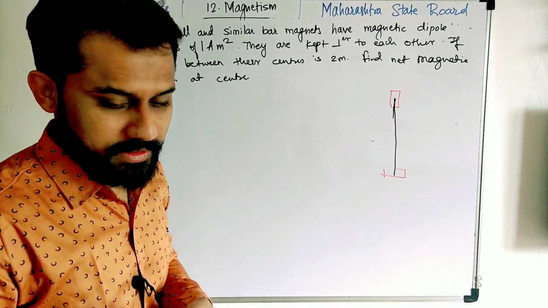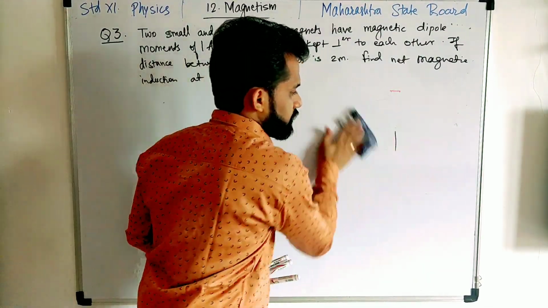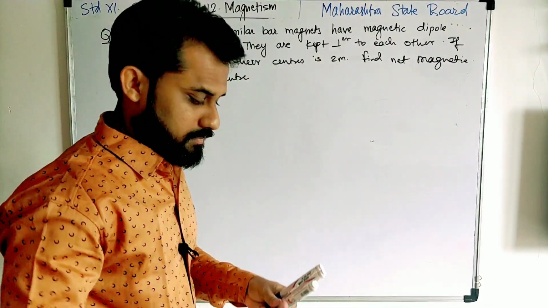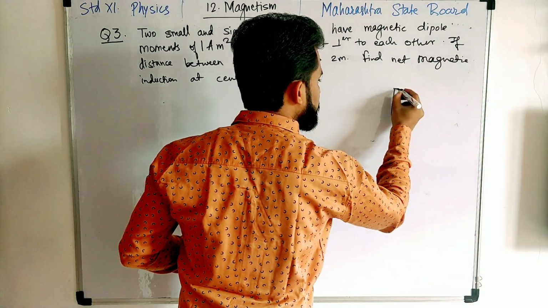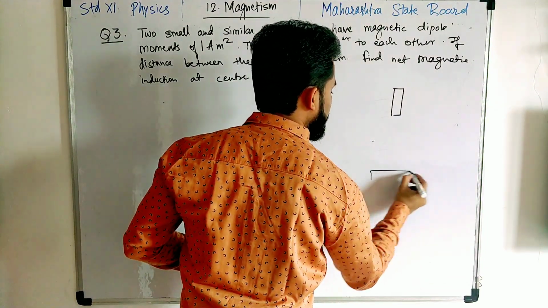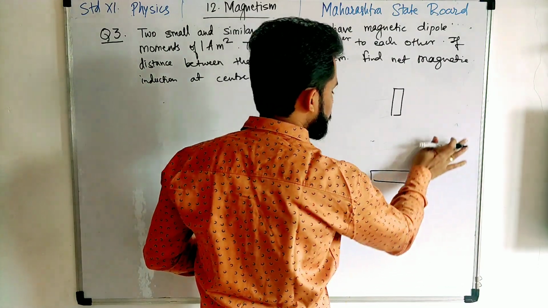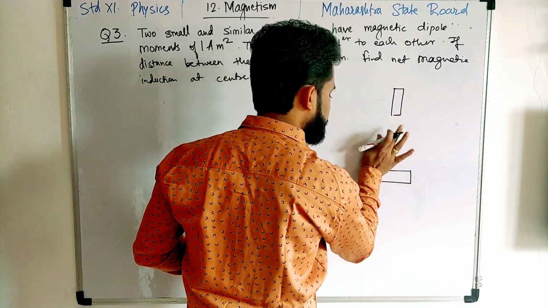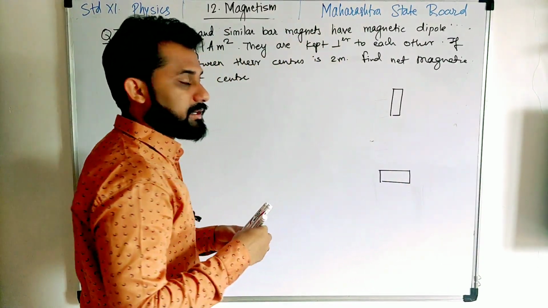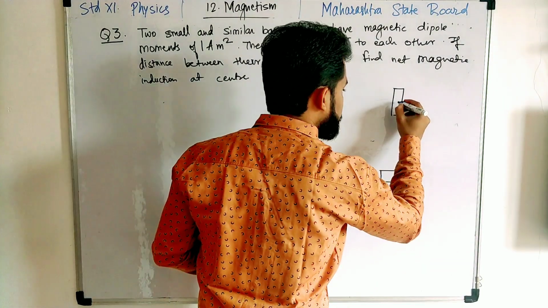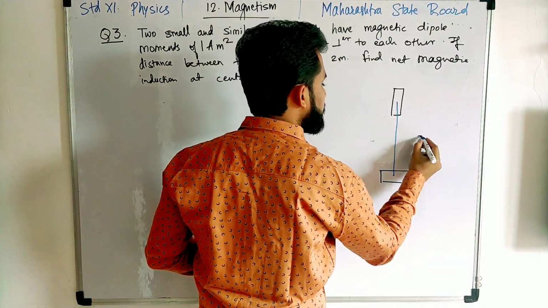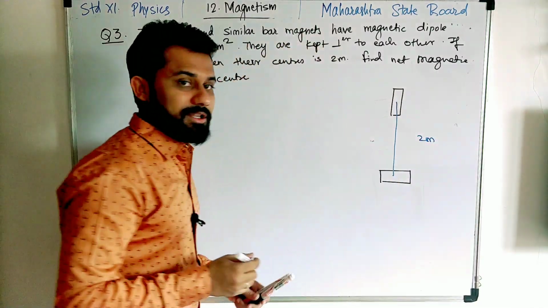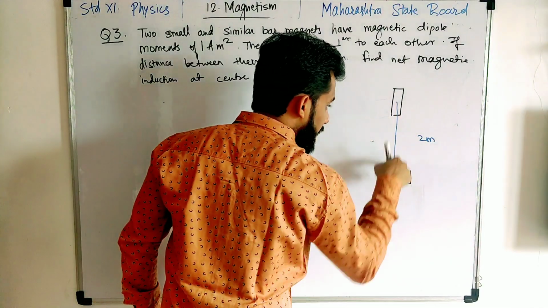Okay, so again I will draw the figure. First magnet, second magnet, both magnets should be similar. And the distance between their centers, center to center distance, is 2 meters. And the question is, what is magnetic field at the center?